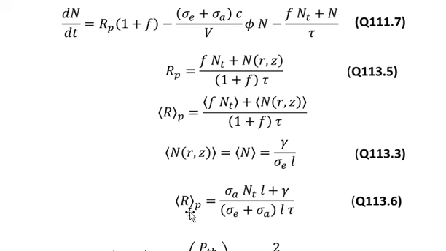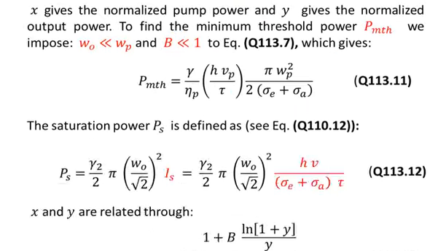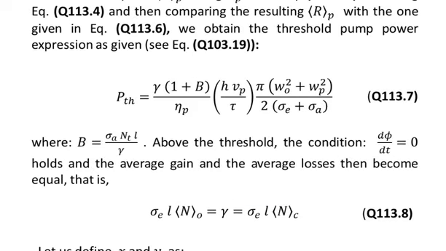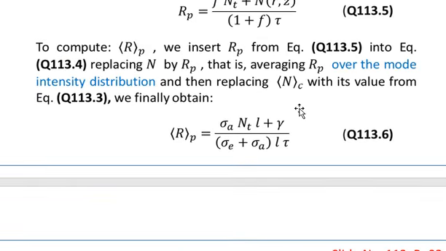Now we have the average value of the pump rate, which is equal to sigma A times NT times L plus gamma, divided by sigma E plus sigma A in the parentheses, multiplied by L and multiplied by tau. So this is equation number 6. And equation number 6 is what we have reproduced here in today's presentation.